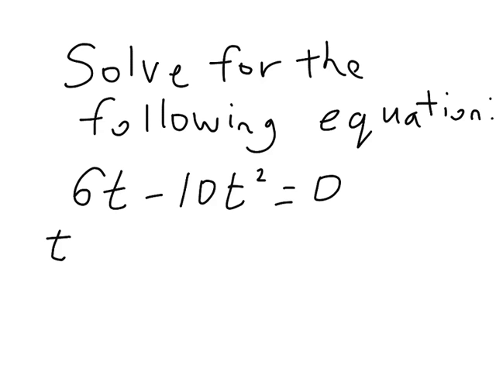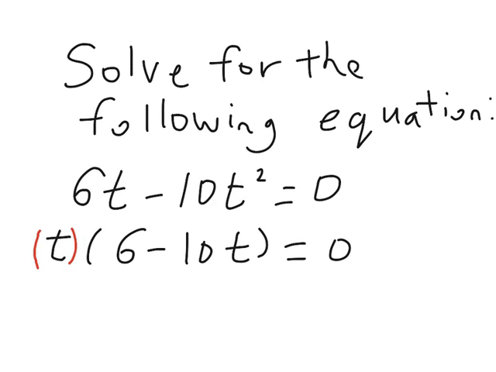We recognize that there's a t on each side, so it's t times 6 minus 10t equals 0. Really, in this equation, on the left-hand side, we have two numbers. We have t, and we have 6 minus 10t. So we know that t multiplied by 6 minus 10t gets us 0.